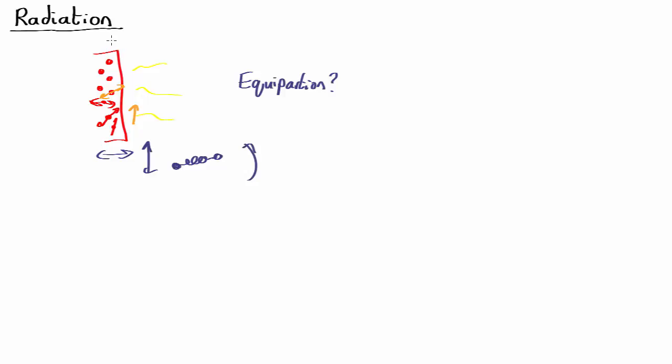Now, if the interaction between the matter and the empty space electric and magnetic fields is strong enough, then the same thing will apply. You've got an energy of 1/2 kT for every type of vibration and motion of the atoms, and that will also go into every type of vibration and motion in the electric and magnetic fields.